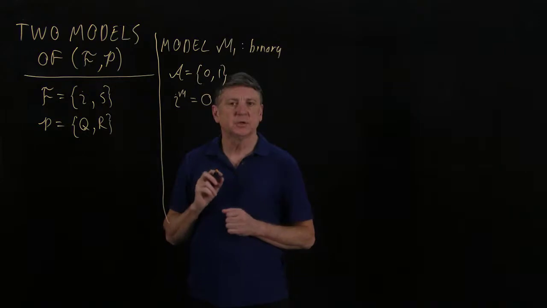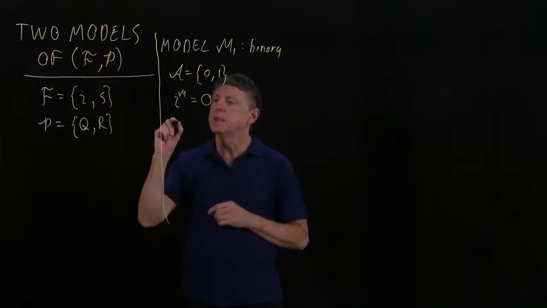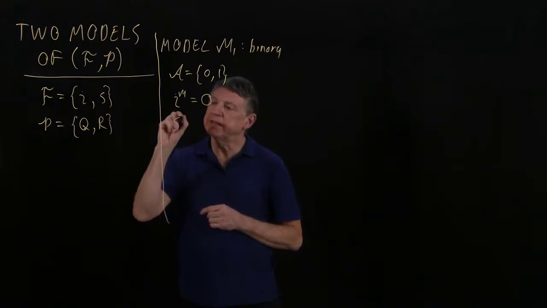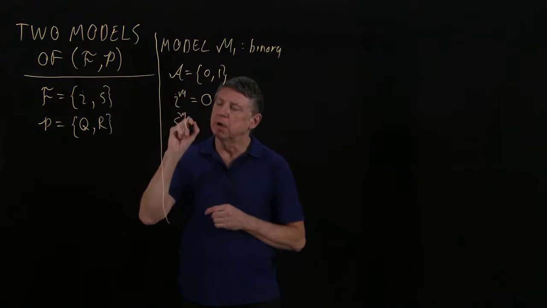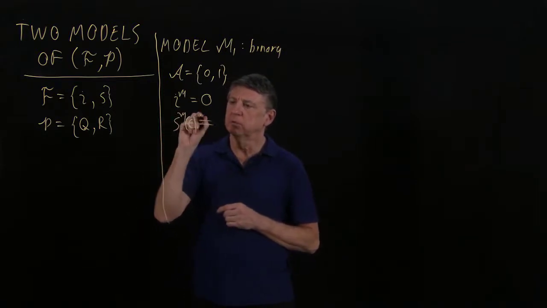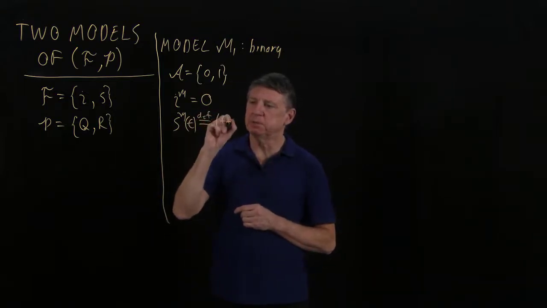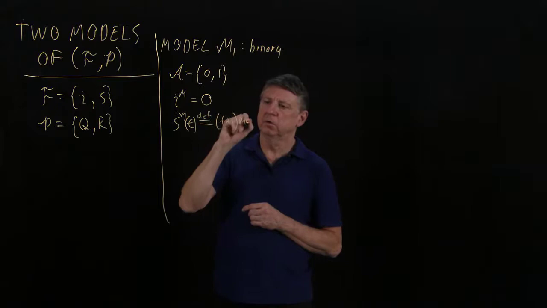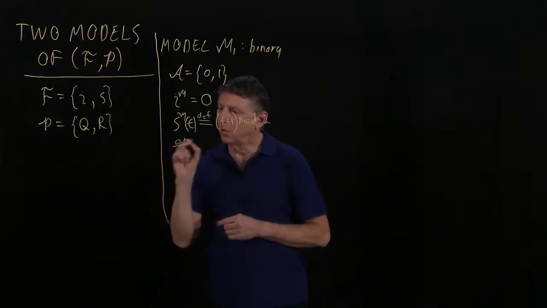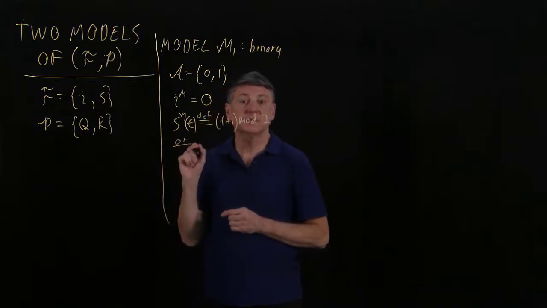And then S, let's think about S as being the successor or the next one. And we could define this in two ways. We could say that S in the M of a term equals, by definition, T plus 1 modulo 2, or we could define this in terms of the specific mappings.